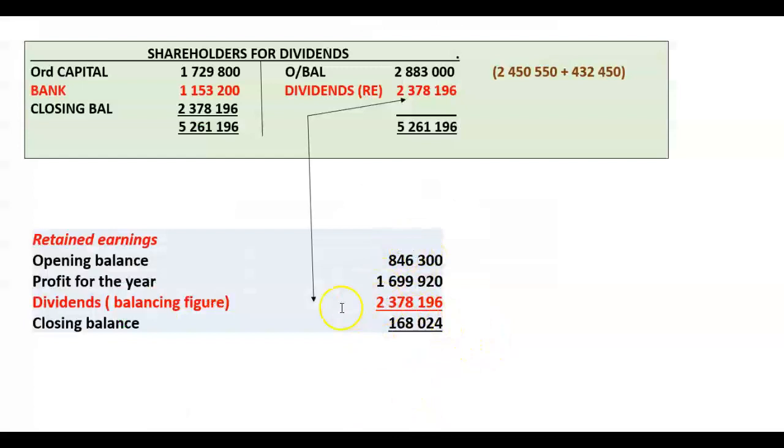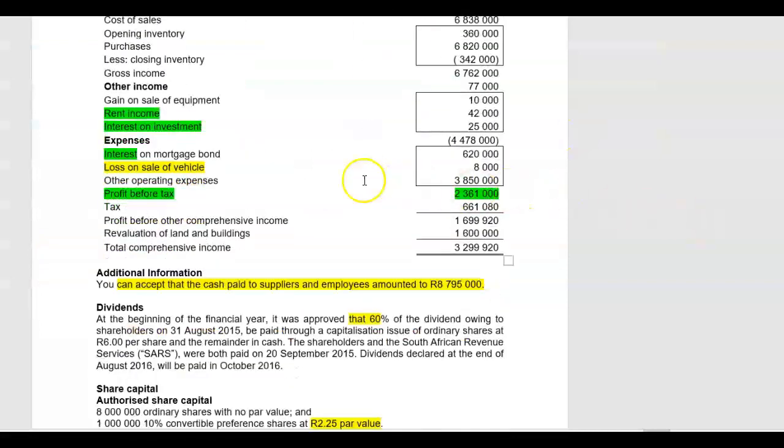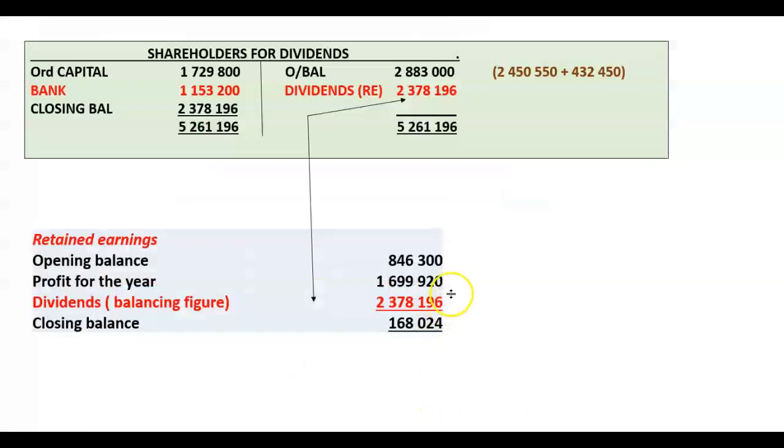In this question, only the profit for the year could have affected retained earnings. So if I go to my profit after tax for the year, 1,699,920, that would have increased my retained earnings. So then the balancing figure would have been my dividends declared for the year, which is 2,378,196.